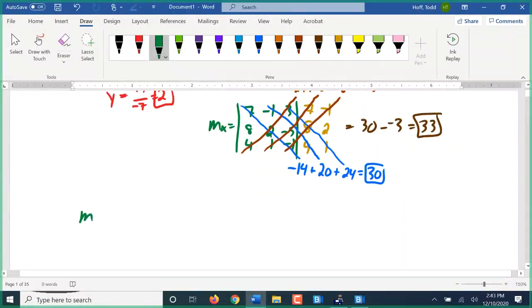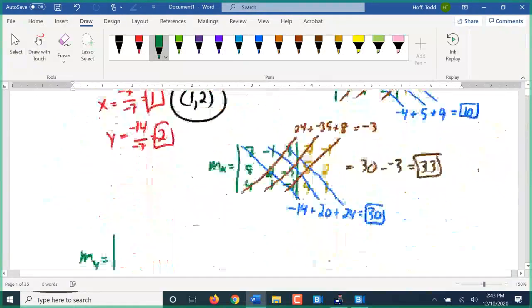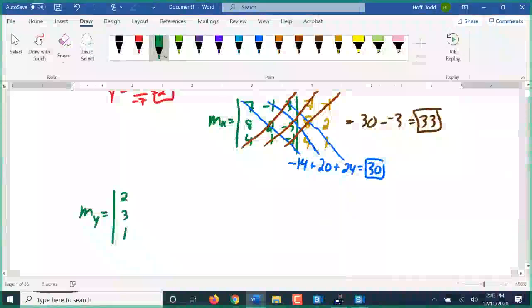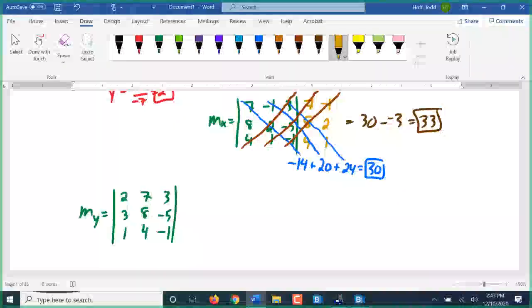For the Y matrix, we have the X values, which are 2, 3, 1. Constants of 7, 8, 4. And the Z's of 3, negative 5, negative 1. Rewrite the first 2 columns.